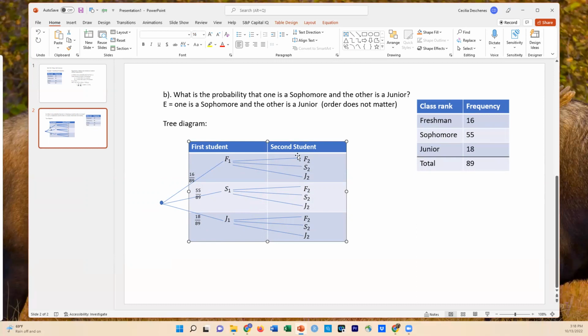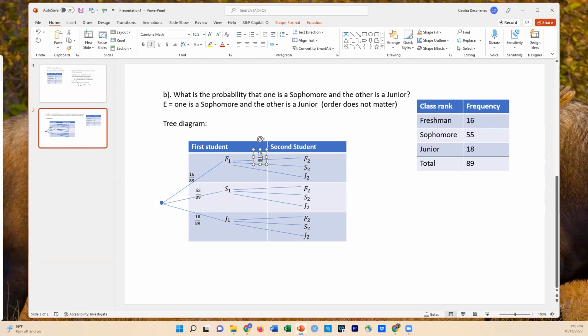Okay, now we're going to go in and we want to put in the probabilities for each one of these branches. So if we picked a freshman for the first student, for the second student there's only 15 left. So the probability is going to be 15, and there's only 88 students left.